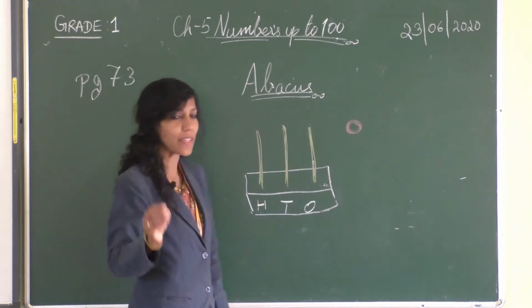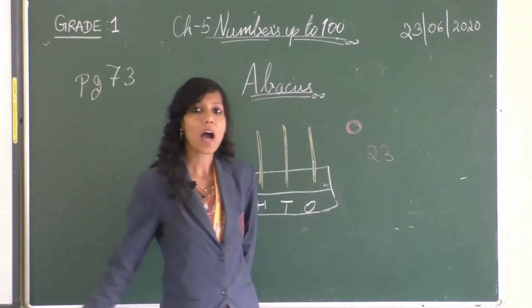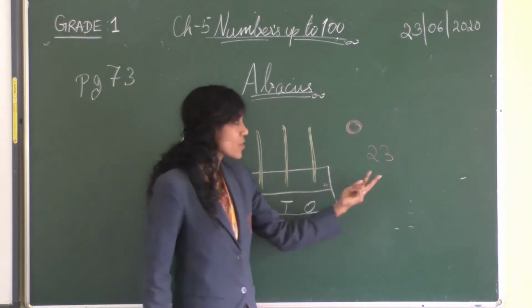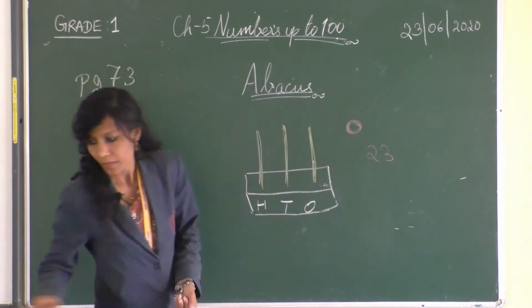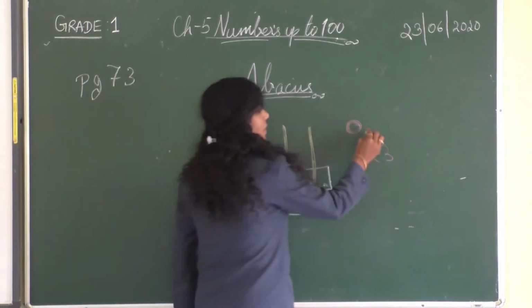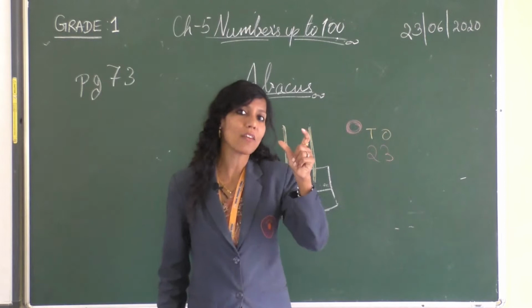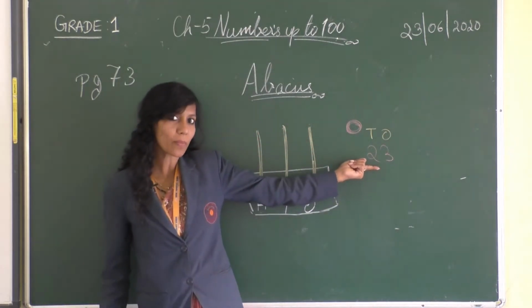Now, if I have a number 23, how do I do it? How many tens are there under tens? How many bundles of tens do we have? It's here, 2 bundles, right?